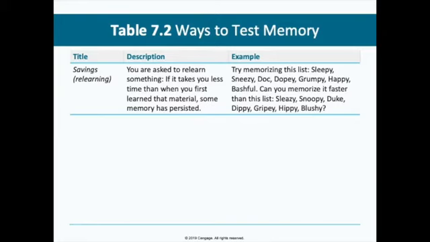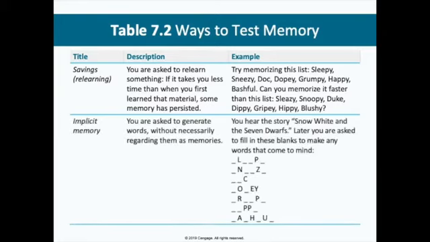Slide 37. The methods that we've gone over, free recall, cued recall, recognition, and savings, are all tests of explicit or direct memory. That is, someone who states an answer regards it as a product of memory. In implicit memory or indirect memory, an experience influences what you say or do even though you might not be aware of that influence.